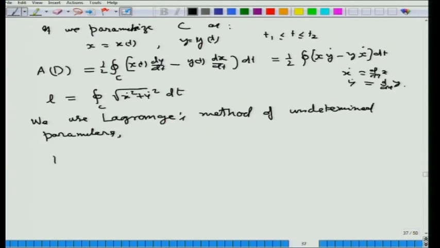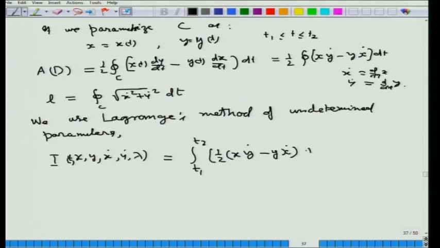So, we consider I of x, y, which is the integral from T1 to T2 of half of (x y dot minus y x dot) plus lambda times the square root of x dot square plus y dot square, dt. Here t is the independent variable, x and y are functions of t, and x dot, y dot and lambda are also there.